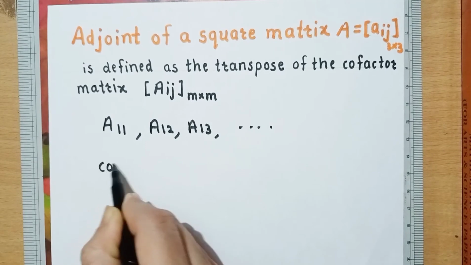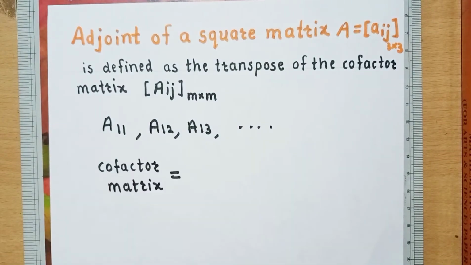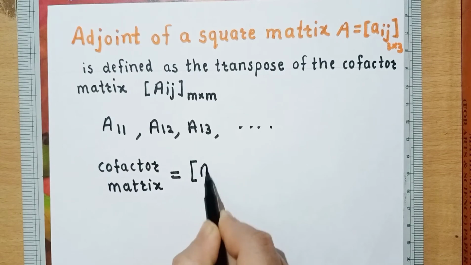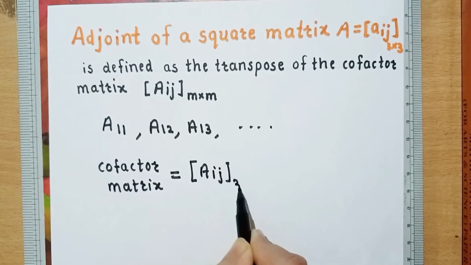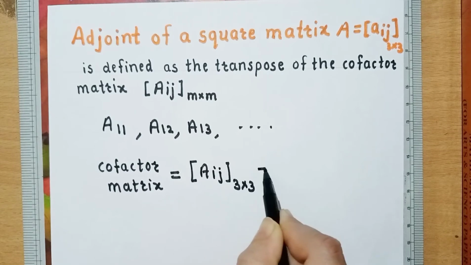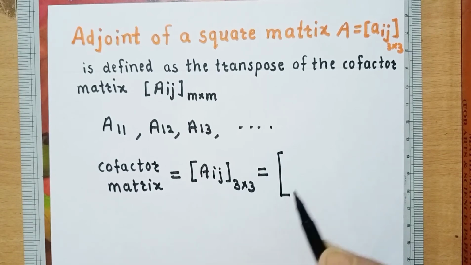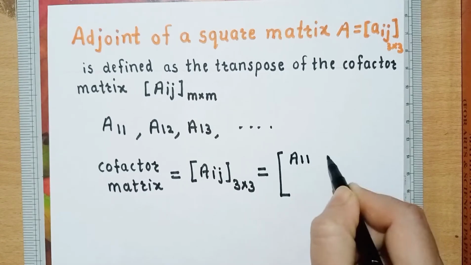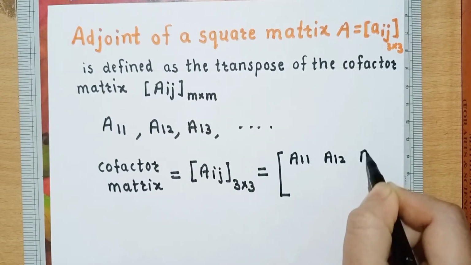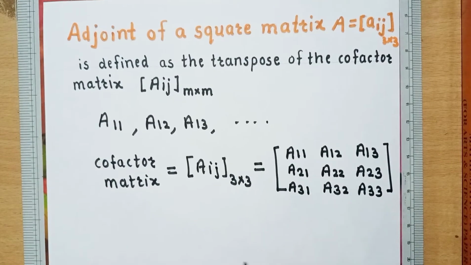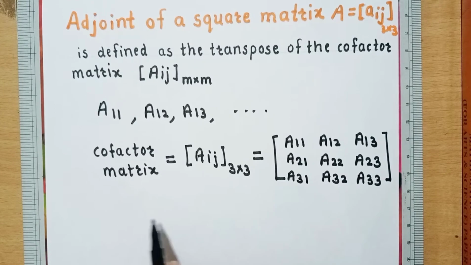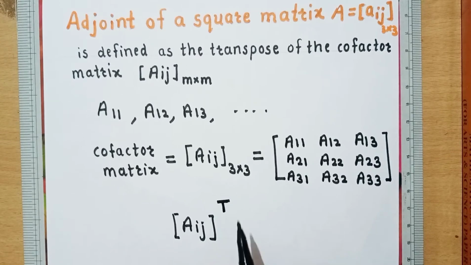So the cofactor matrix is denoted by Aij of 3 by 3. So here first element A11, then A12, A13 and so on. This is the cofactor matrix and its transpose is given by Aij, and here you have to write T.